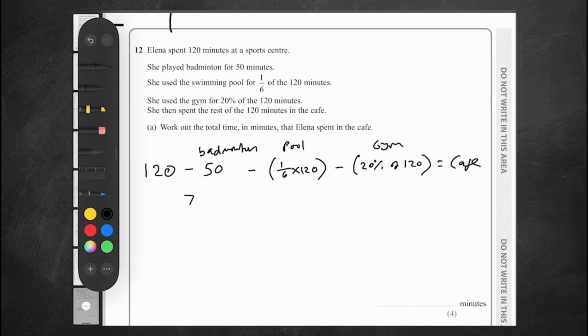So that will be 70 minus 1/6 of 120, which would just be 20. 20% of 120 is the same as saying 120 divided by 5, which is 24. So 50 minus 24 equals cafe, 26 minutes in the cafe.